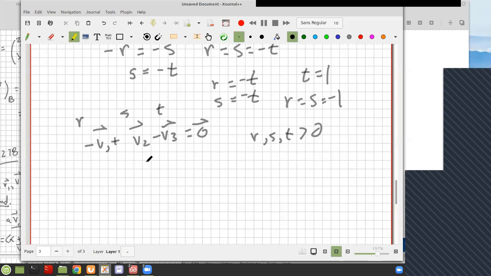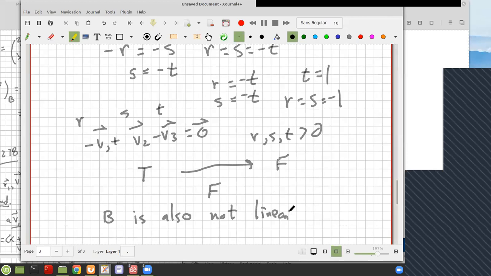So the linear independence conditional has a premise that's true and a conclusion that's false. Therefore, the conditional, the if-then statement, is false, and B is also not linearly independent.